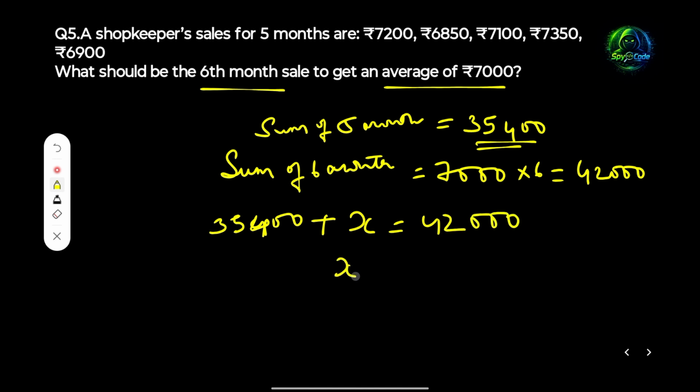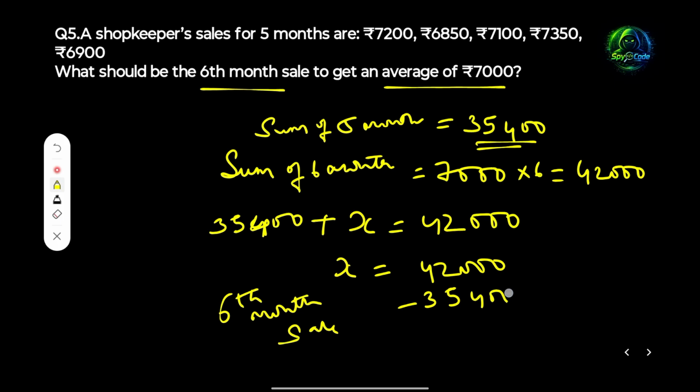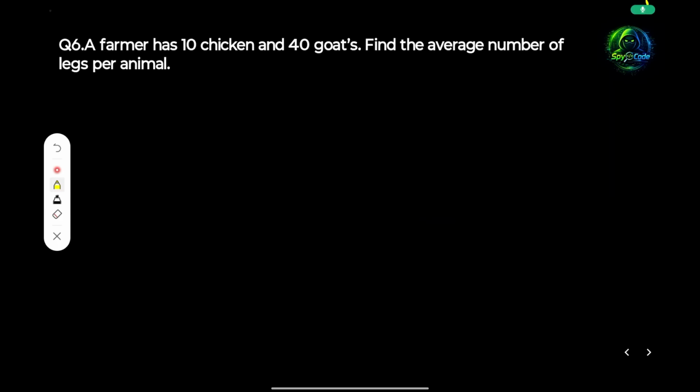Upon solving this, the 6th month sale equals 42,000 minus 35,400, which is around 6,600. So this is an interesting question.